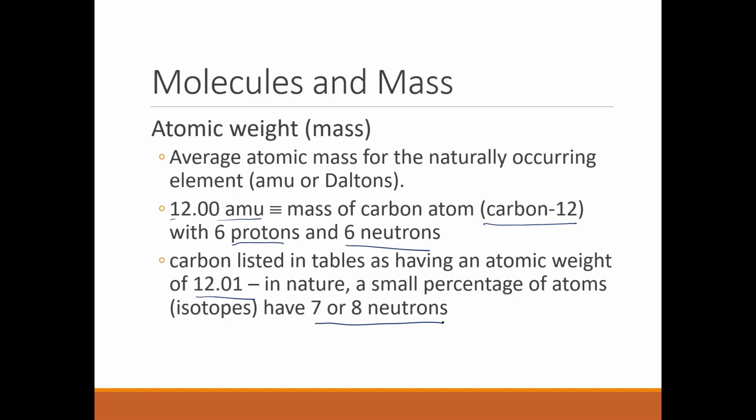The atomic mass that's listed in these tables is a weighted average of the atomic masses of all of the isotopes. So that's why, if you look at a periodic table, carbon is listed as 12.01.